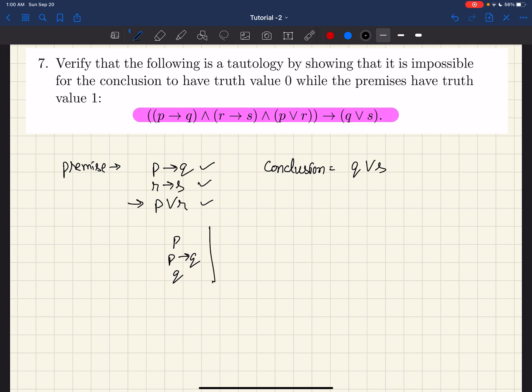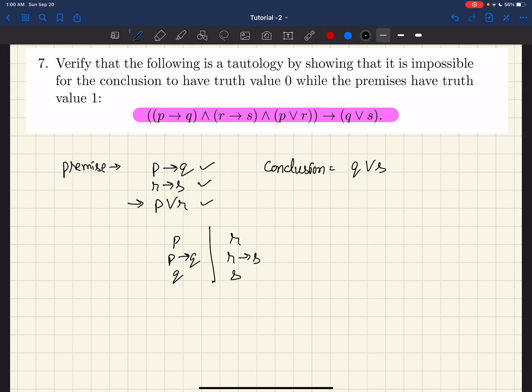On the other hand, if I assume that R is true, and we know R implies S is true, then again using modus ponens, S would be true.